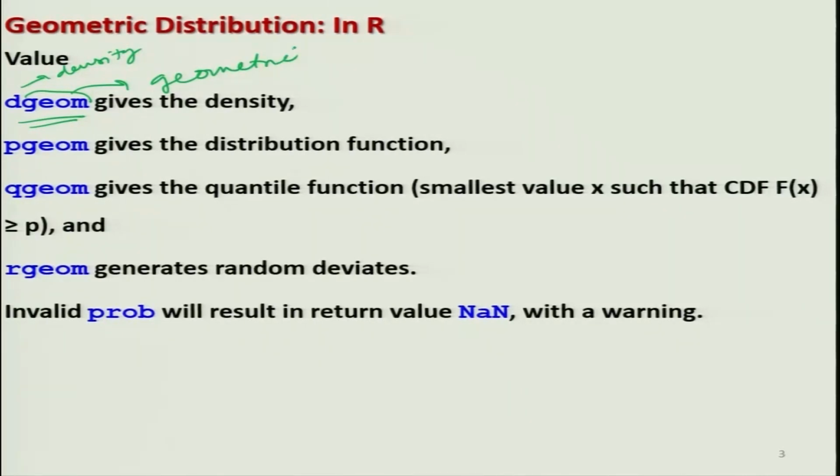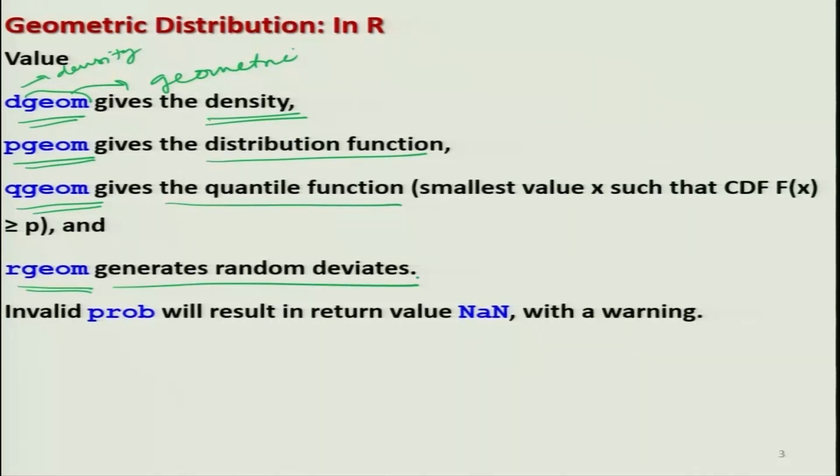This command gives the density, that is the probability. PGEOM gives the CDF. QGEOM gives us the quantile function, and RGEOM generates the random numbers. Definitely if you use some invalid prob, that will result in a value NaN with a warning.